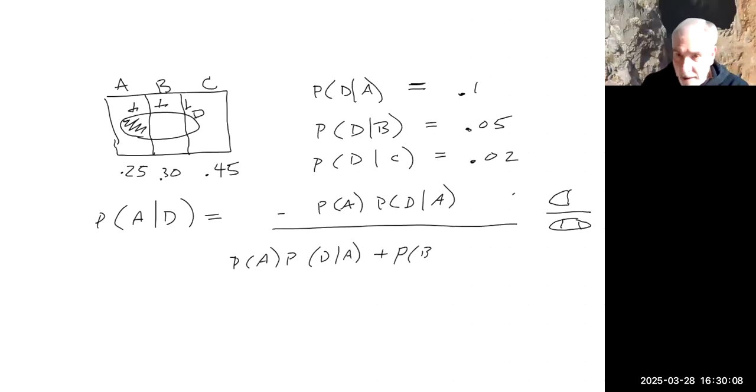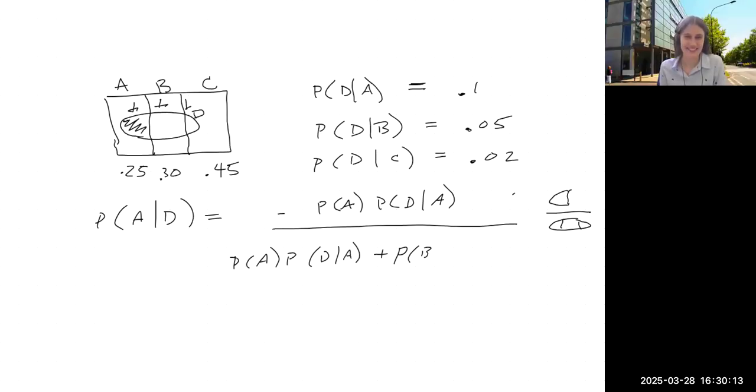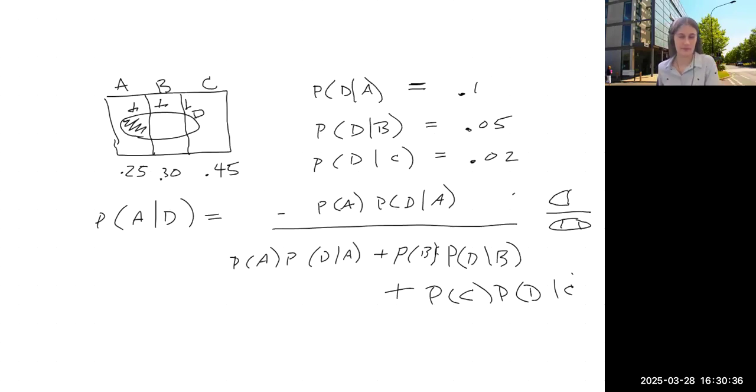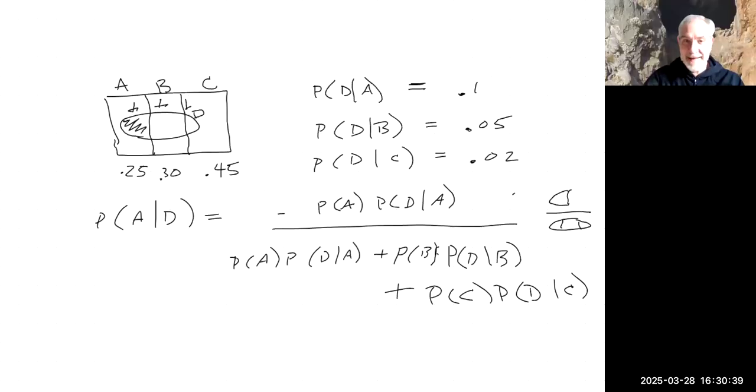right? Oh, this is where it gets tough. Probability of being defective given that it came from B. And then finally, I'll add the C bit down here. Probability of being in C times the probability of being defective given it came from C. Okay? So that happens to be, this guy, let me try to set it up here with some color if I can.